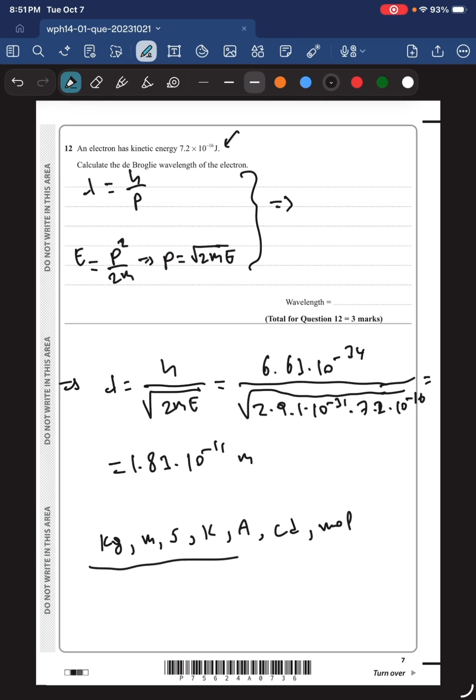So everything has to be converted to this. So if you're given an energy in electron volts, it has to be converted to joules, because joules is kilograms times meter squared over second squared, okay?